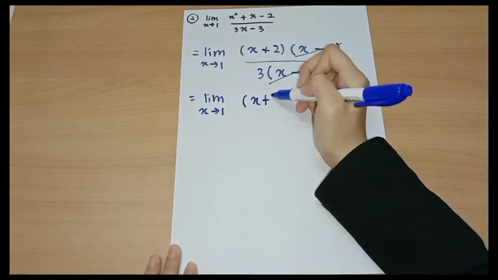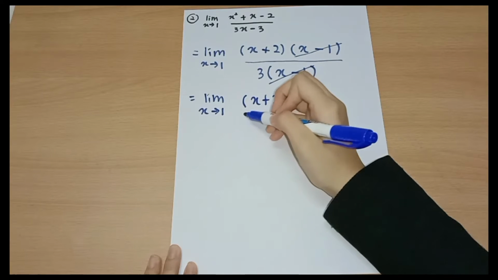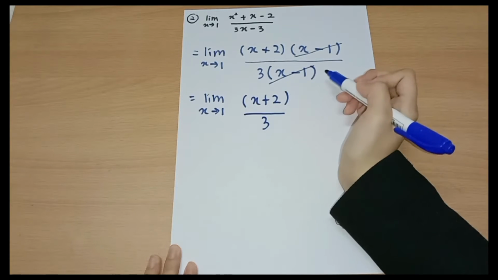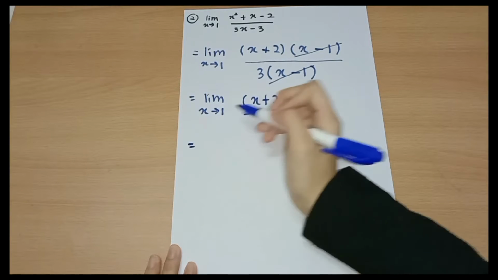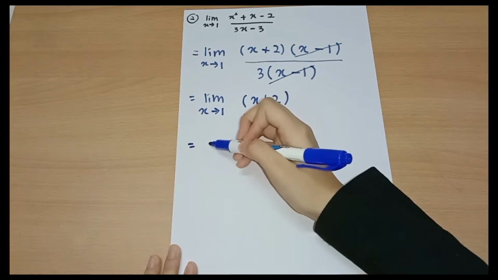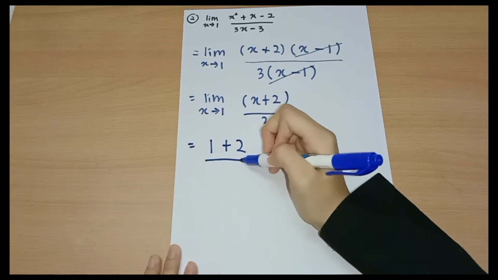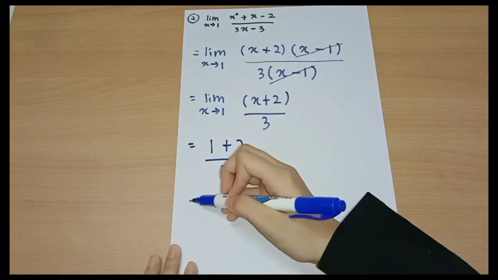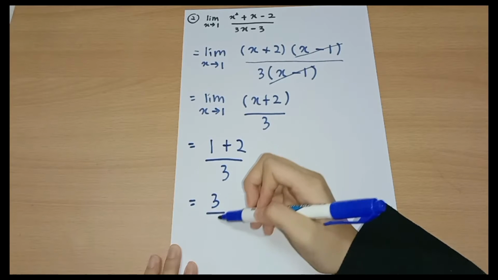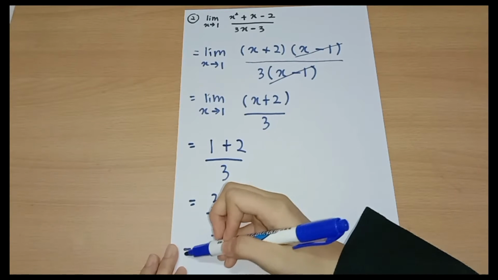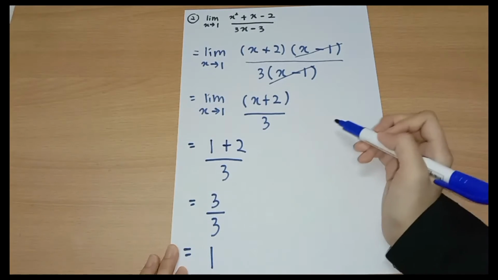And become (x plus 2) over 3, and then we can directly substitute 1 into x. So (1 plus 2) over 3, and the answer is 1.